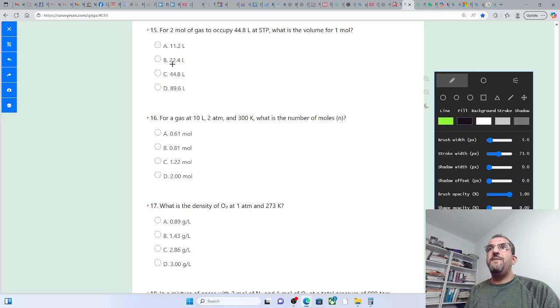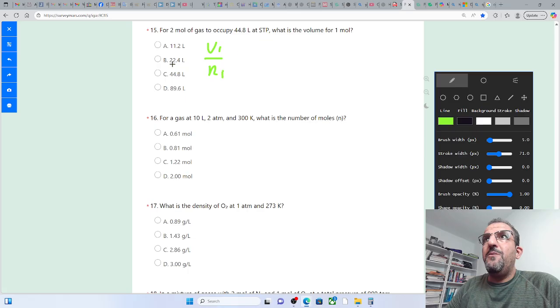And for problem 15, let's see what do we have. We have 2 mole of gas to occupy 44.8 liter at standard temperature and pressure. What's the volume for 1 mole? It is a relation between volume and number of moles. So we have V1 over N1 is equal to V2 over N2, at standard temperature and pressure. So the new volume, V2, is equal to N2 over N1 times V1.